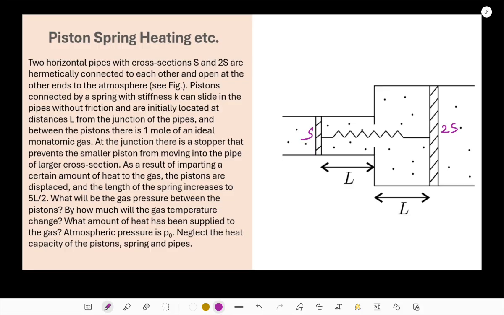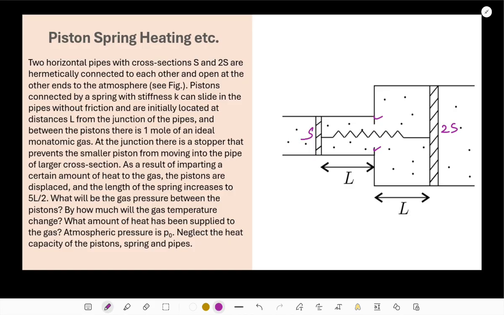And are initially located at distance L from the junction of pipes. I guess this is the junction. Oh, there is kind of a stopper here, but they're calling me a junction. Okay, I will find what is it. From the junction of the pipes.